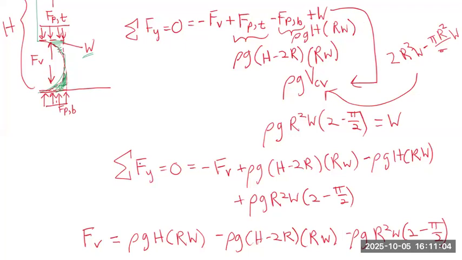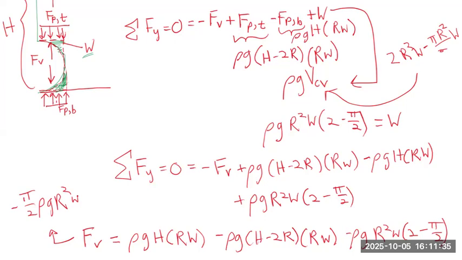If we simplify, we should get that FV is equal to negative pi over 2 rho g R squared times W. And thus, the vertical force on the control volume acts downwards with a magnitude of pi over 2 rho g R squared W, since the assumed direction was upwards, but the sign is negative.